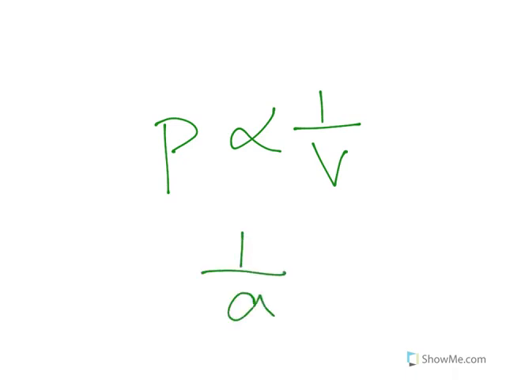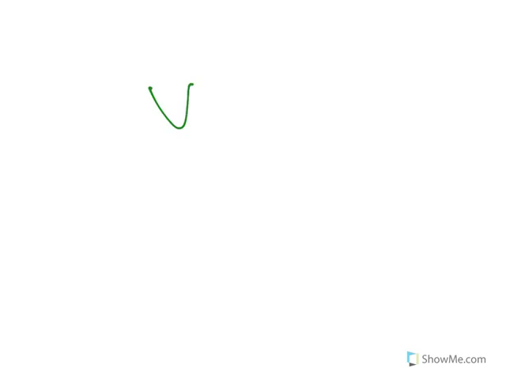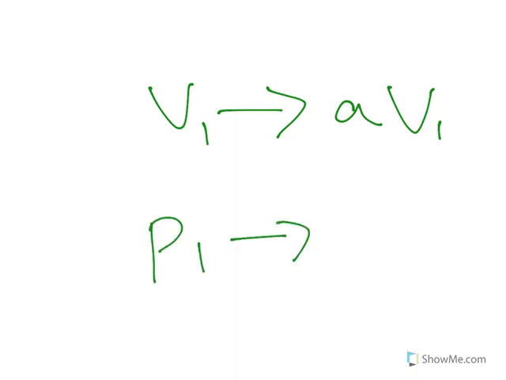So if V1 goes to A times V1, then the new pressure, because P is proportional to 1 over V, will go to the initial pressure over that constant.